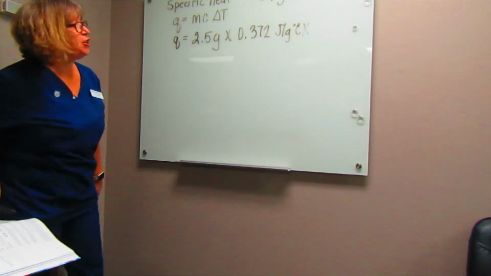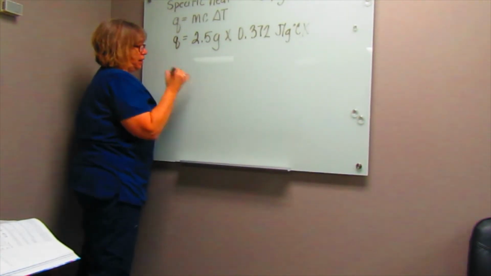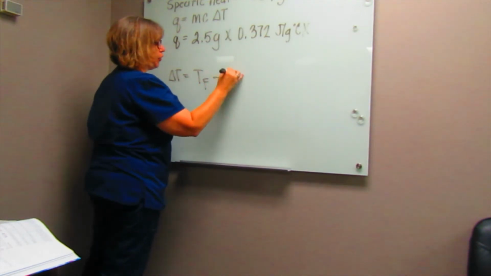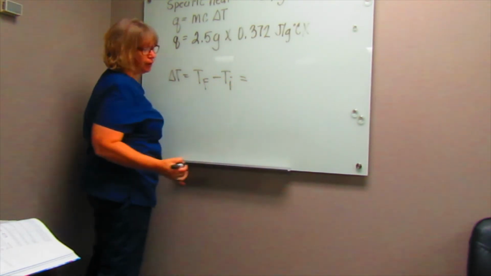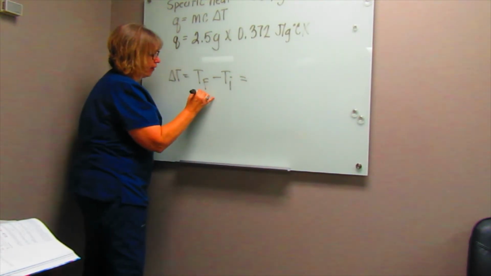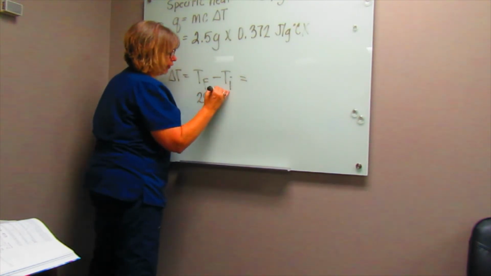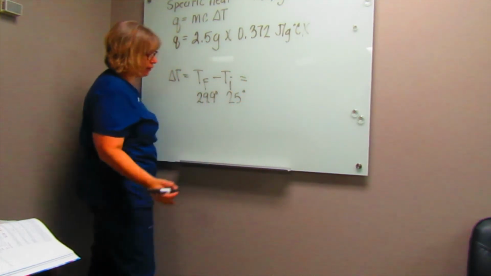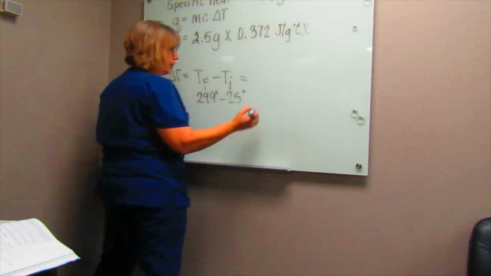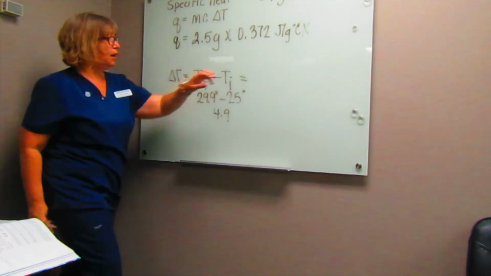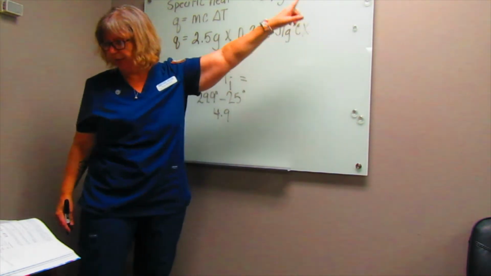And then our change in temperature, so what I did not show you on our delta T, is that our delta T is our final temperature, subtract our initial temperature to get our change in temperature. So in this case, our final temperature was 29.9 degrees. Our initial temperature was 25 degrees. So we're just going to subtract those. And so our delta T becomes 4.9, okay? And so that's our last value that we have to plug in right here.